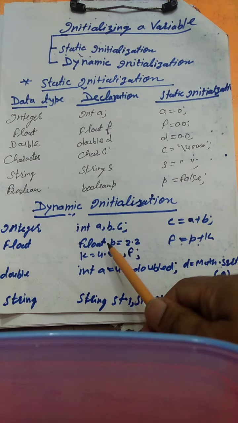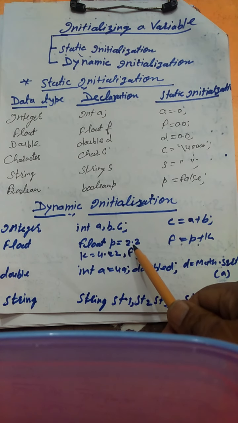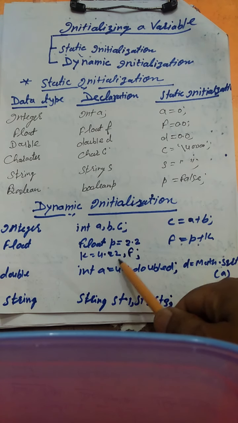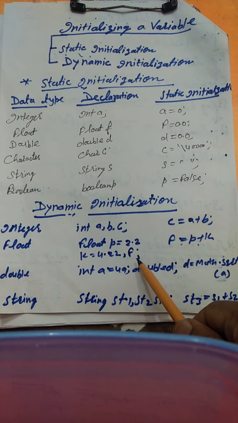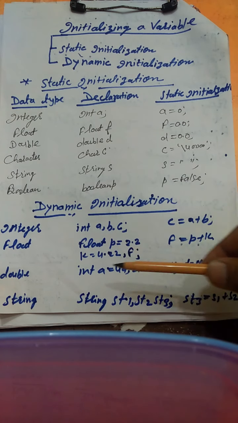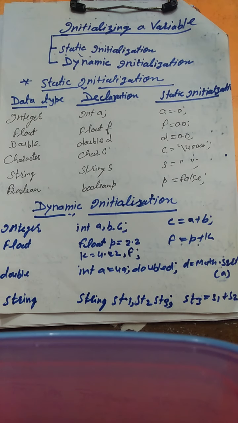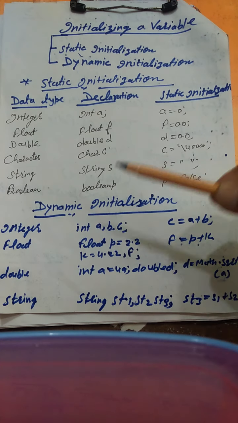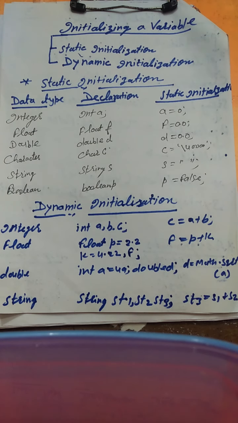Then float p is equal to, suppose you have given 2.2, and a k value, and then the next variable f, then f is equal to p plus k. So like this we have to initialize the values of the data types. According to the data we have to initialize the values in dynamic initialization.